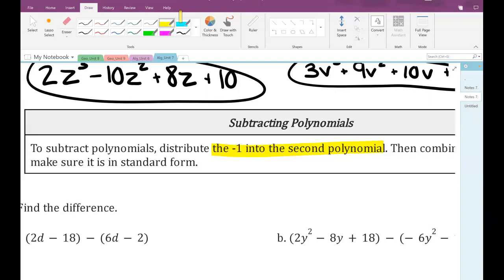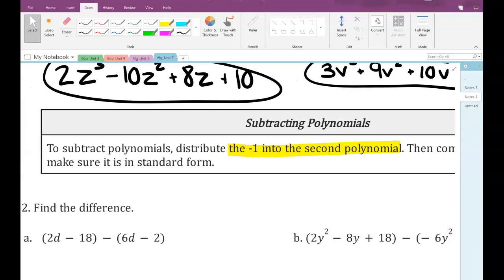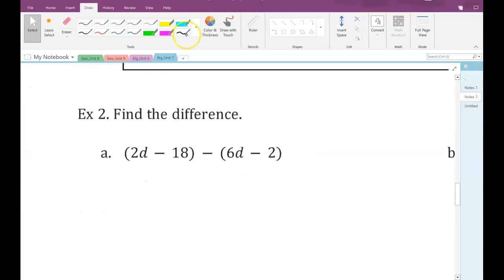So distributing the negative 1 into the second polynomial, what that means is in front of this second parentheses here, we could really have this be a negative 1. And that negative 1 is going to be distributed to each term inside of parentheses. This kind of holds the integrity of our subtraction that's happening.